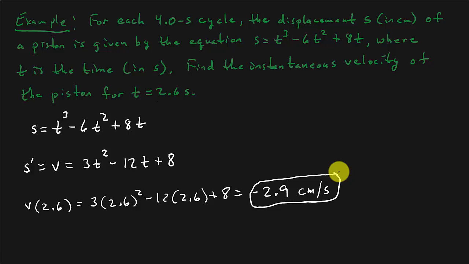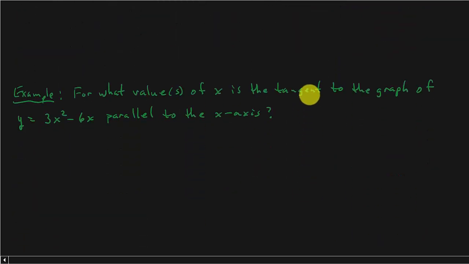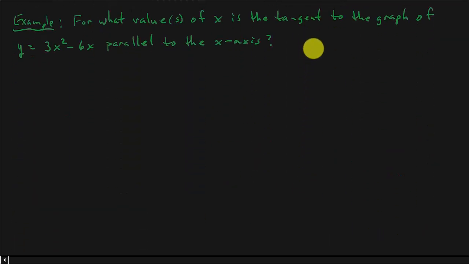All right, so let's look at this. It says, for what values of x is the tangent to the graph of y equals 3x squared minus 6x parallel to the x-axis? Okay, so let's think about this.